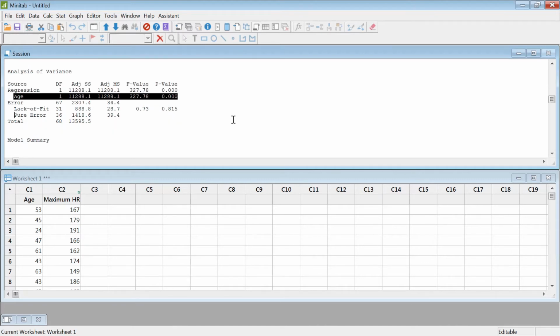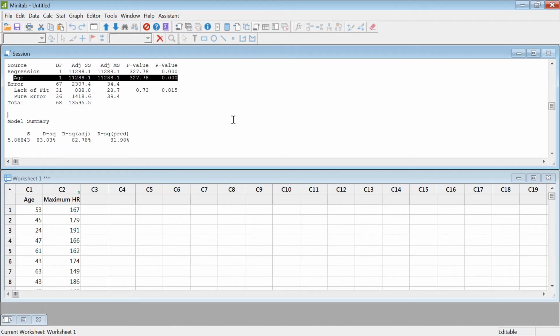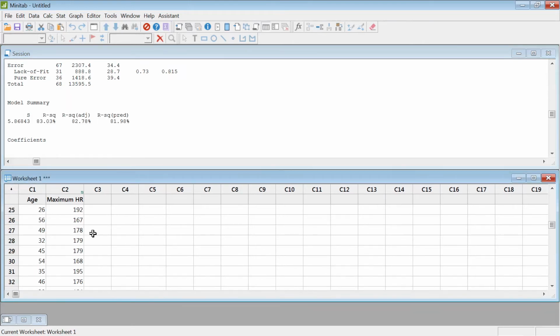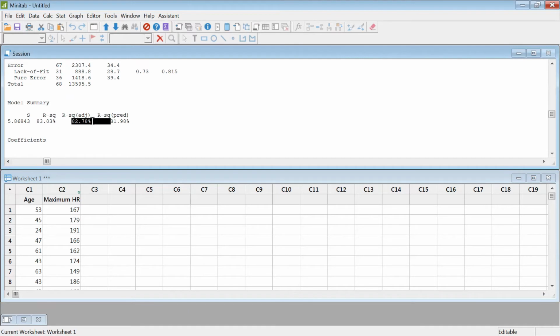That's the statistical significance of age. Now the practical significance comes from the model summary, from the r-square value or adjusted r-square value. As I have told before, we have 69 data points here. So this is quite a large data set. For this data set, it is typical that the r-square value is close to the adjusted r-square value.